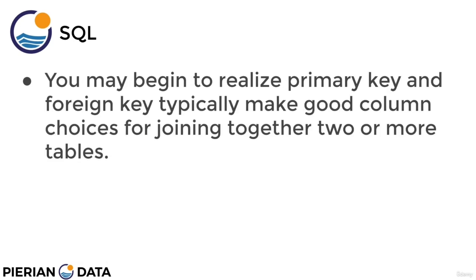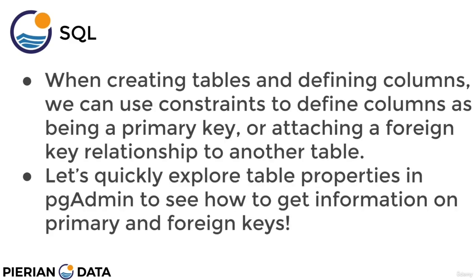Now, you may have already realized that a primary key and a foreign key typically make good column choices for joining together two or more tables. When creating tables and defining columns, we can use constraints to define columns as being a primary key, or attaching a foreign key relationship to another table. We'll discuss this in more detail when we go over the create commands.